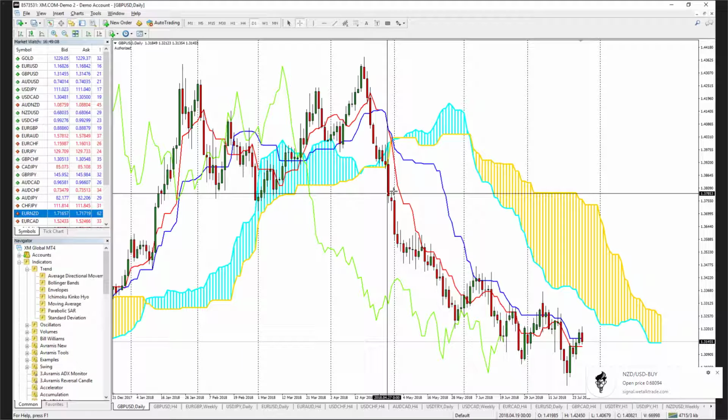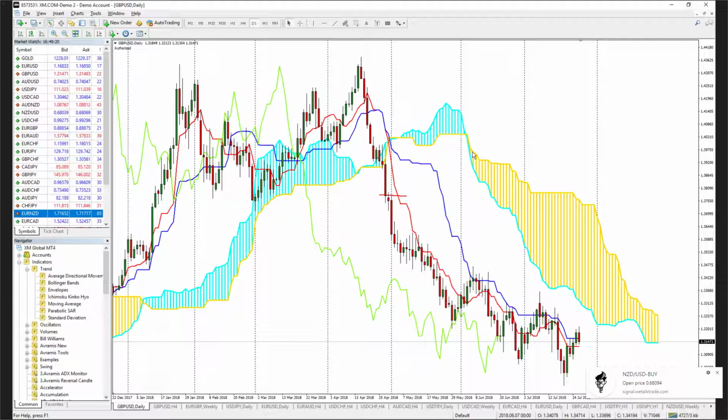It's not only that the market crossed below the Kumo. At this point of the market, what was the information we're getting? We've got price below the Kumo, Kumo about to turn bearish color, price is below the red line, price is below the blue line, and red is below blue.